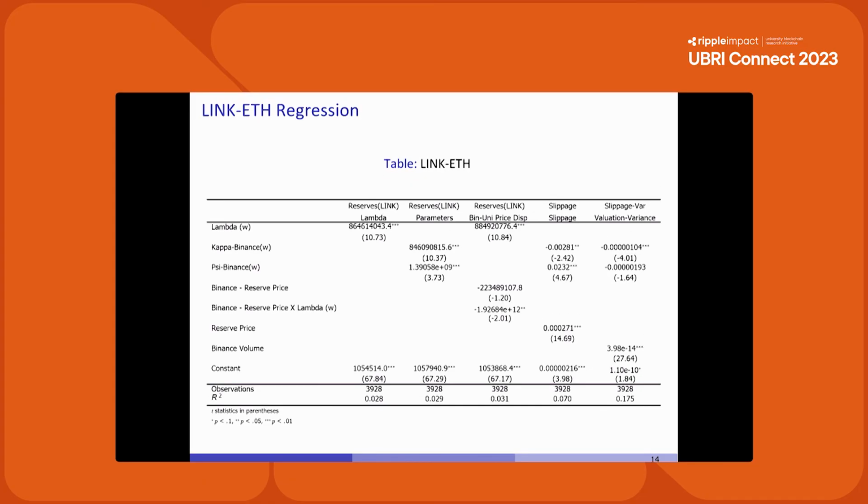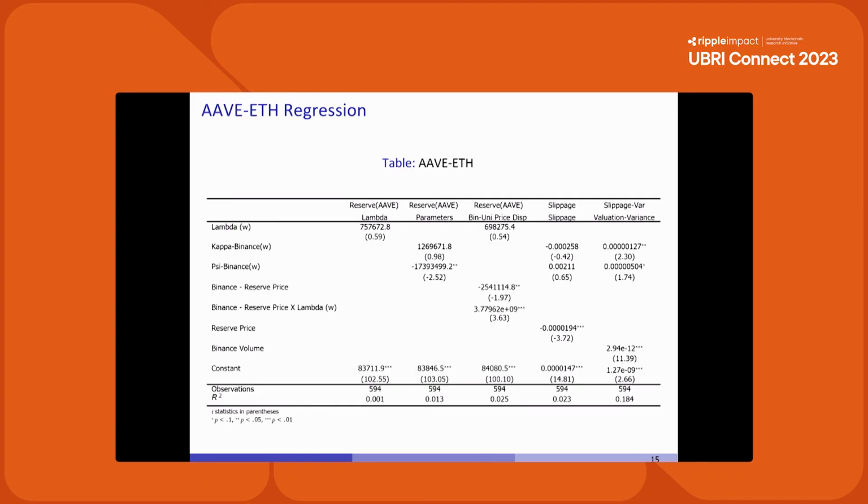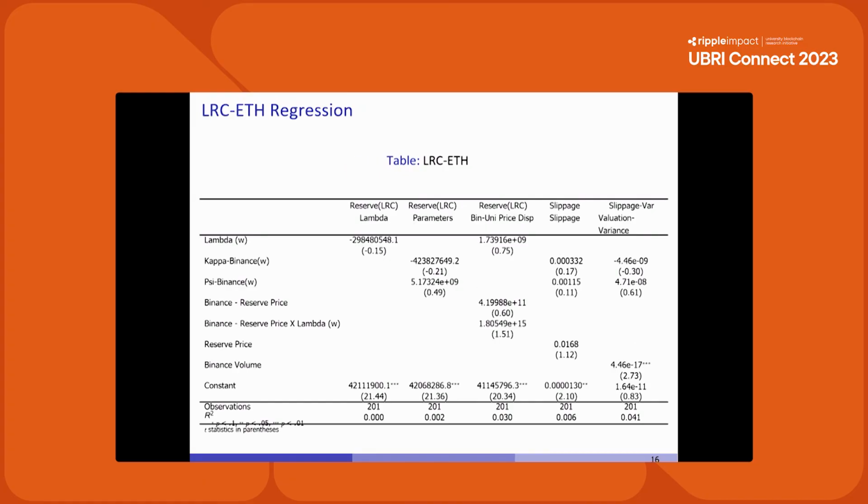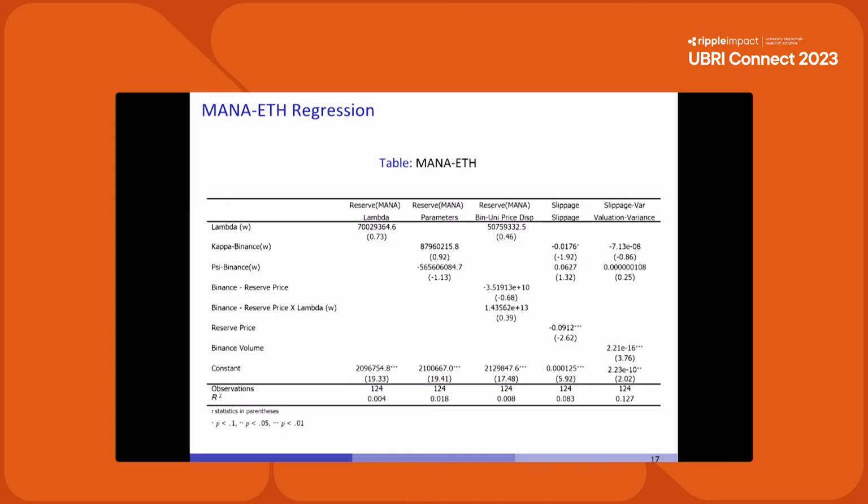Link has a different situation. Here, the difference between Binance and reserve price is actually the dominant factor that is causing reserves to increase. LRC, similar patterns. We could not find any significant relationship in LRC and Mana. Sorry, Aave was a similar pattern.